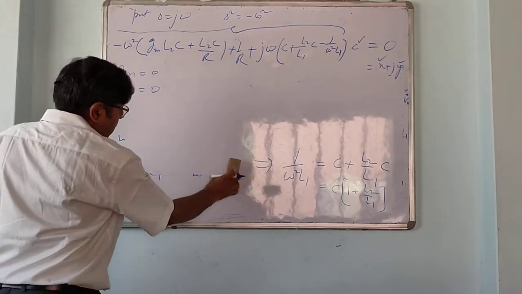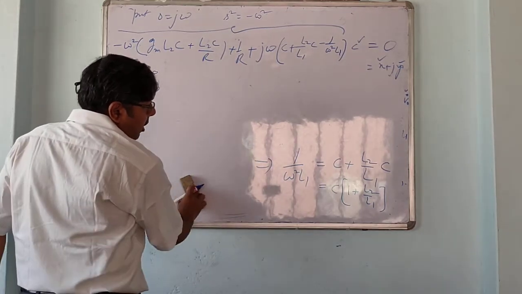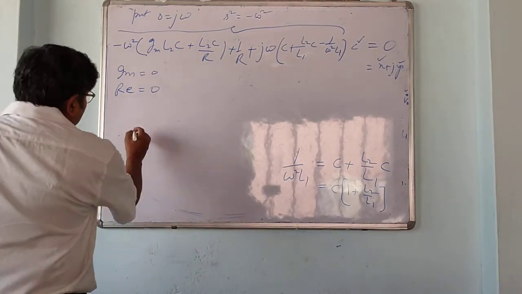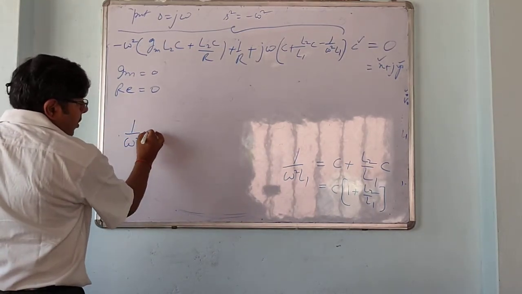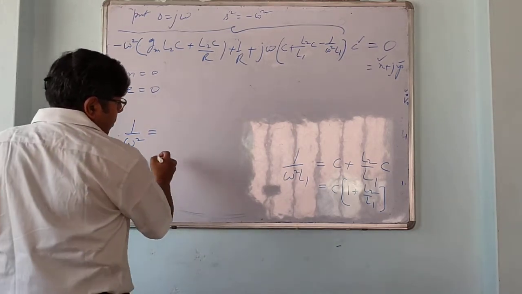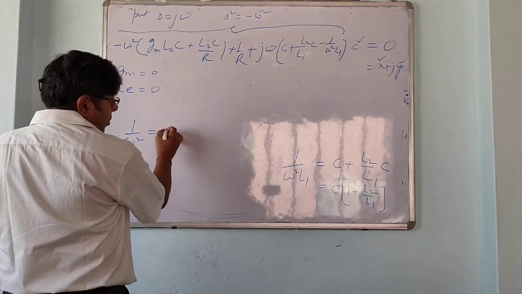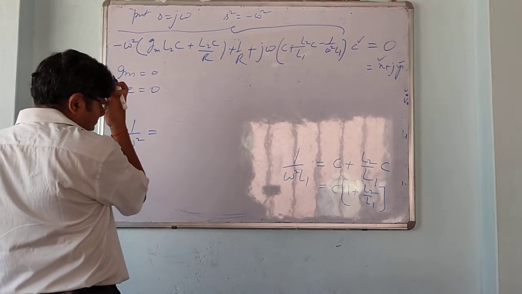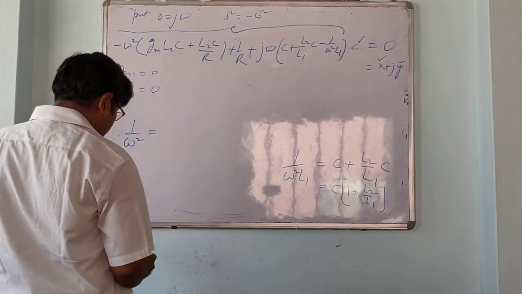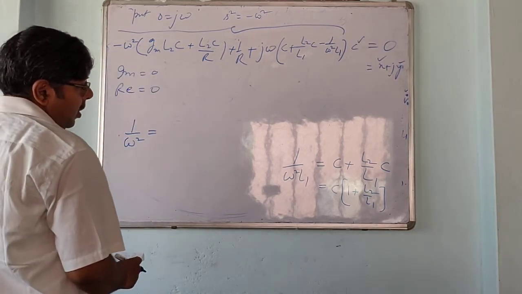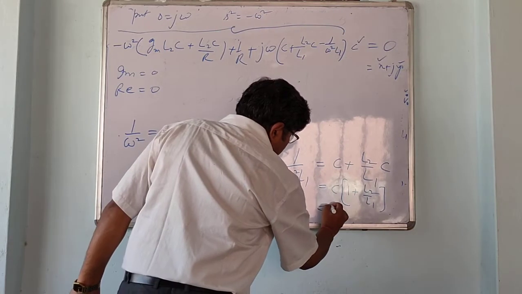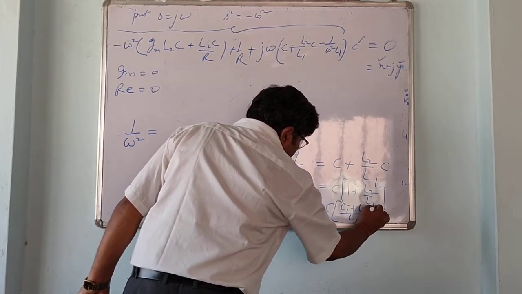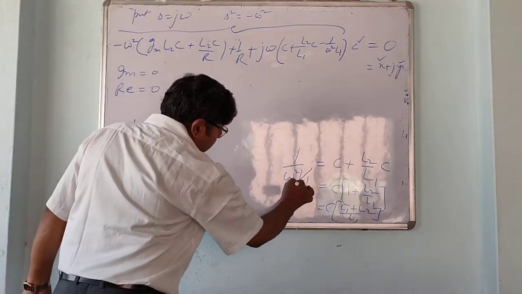So from here, after placing this value, 1 upon omega square equals, you can take the LCM, L1 plus L2 upon L1, and this L1 is cancelled out.